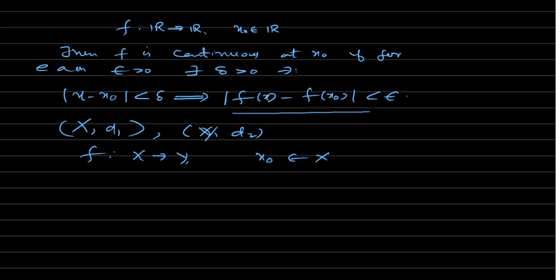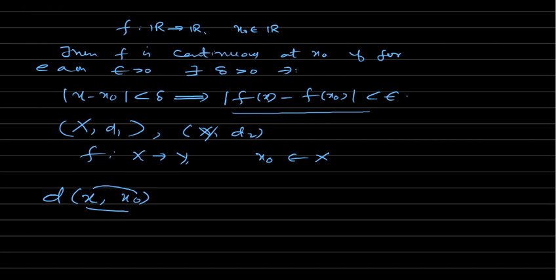So then we say this function is continuous at x naught if for each epsilon positive there exists delta positive such that, not the mod, because we can't apply mod here, because it's an abstract metric space, so we can't even take the difference of these two points.